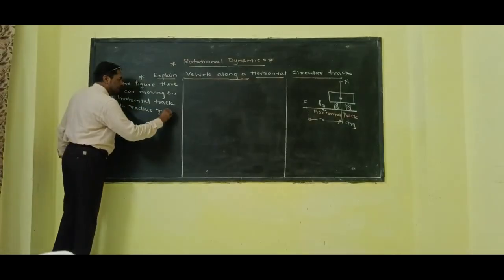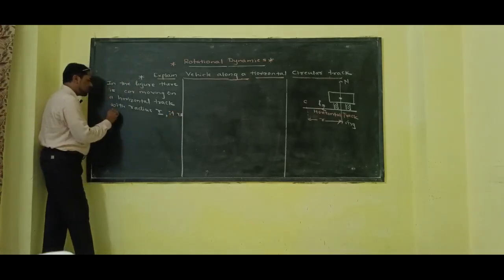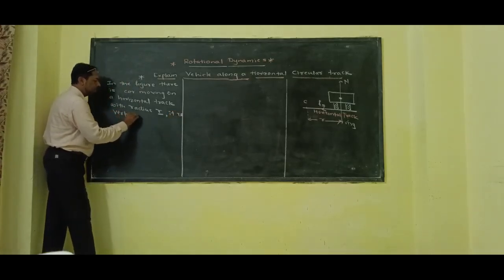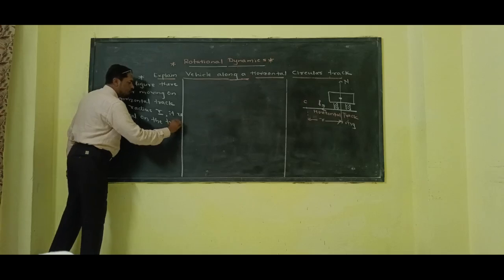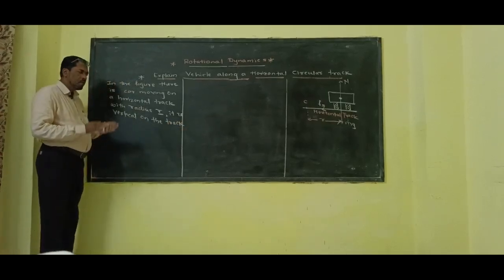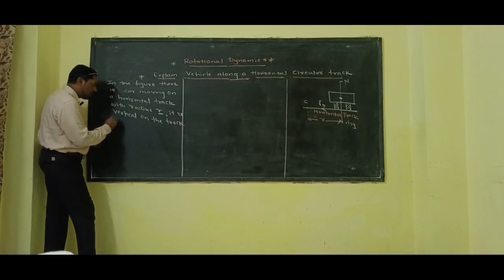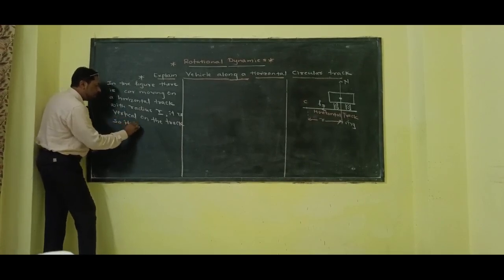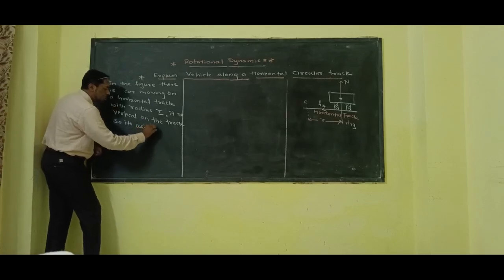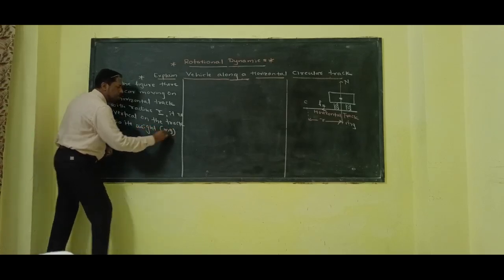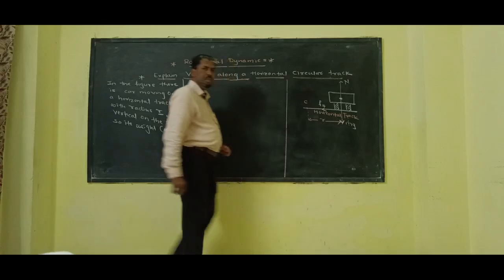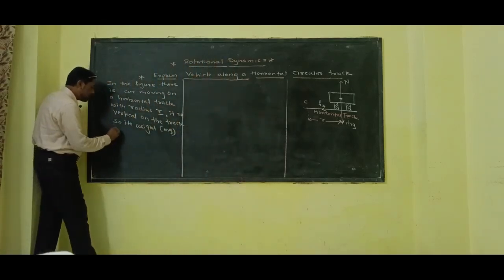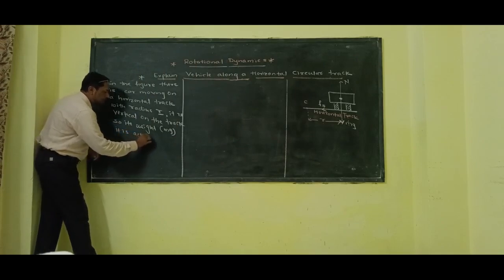It is vertical on the horizontal track, so its weight, in the bracket, that is nothing but mg. We are observing in the diagram, it's a weight mg, acting vertically downward.